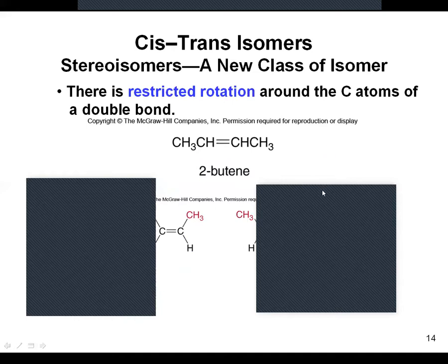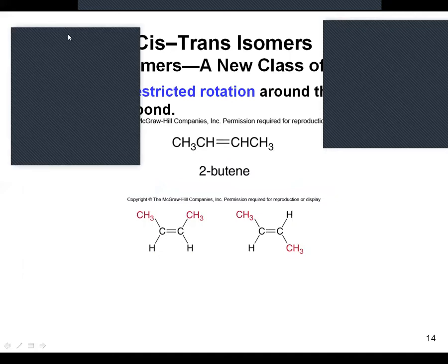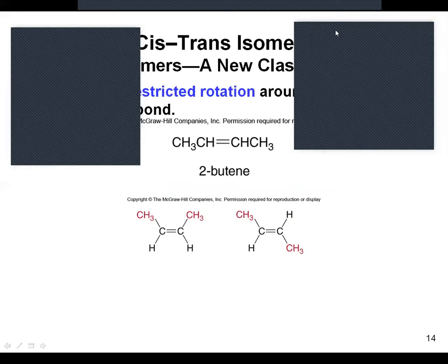So let's talk about isomers, and specifically isomers that involve double bonds. As you might remember, like we talked about with alkanes, there was a question like, can I draw the group up or can I draw the group below?